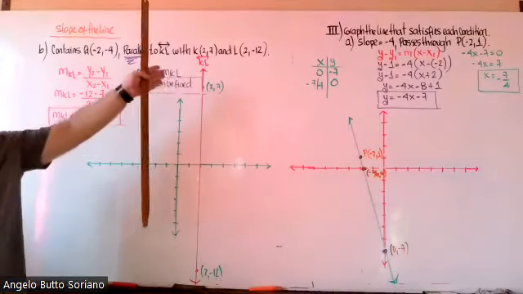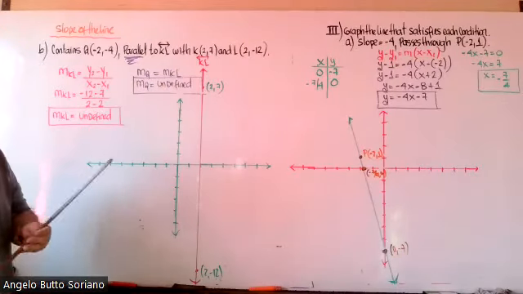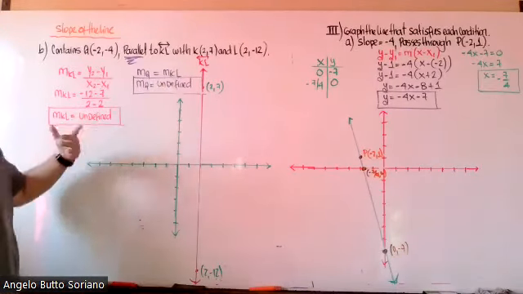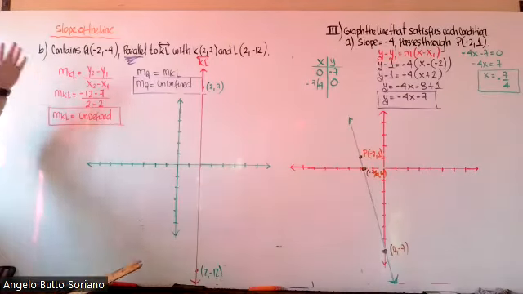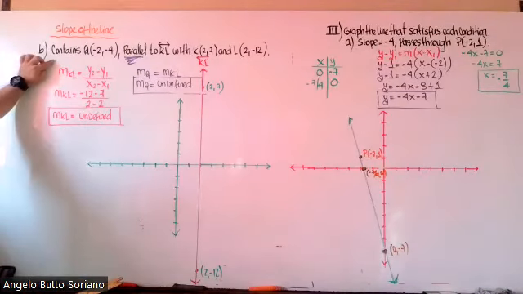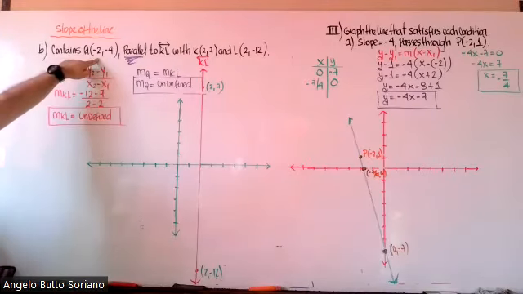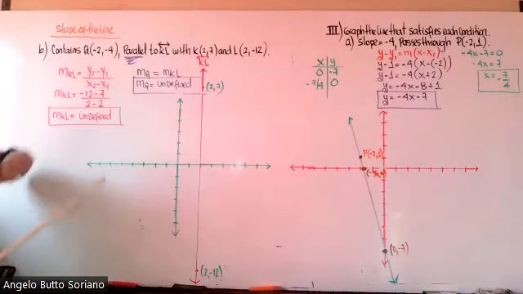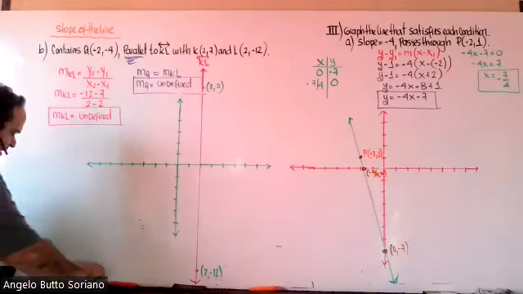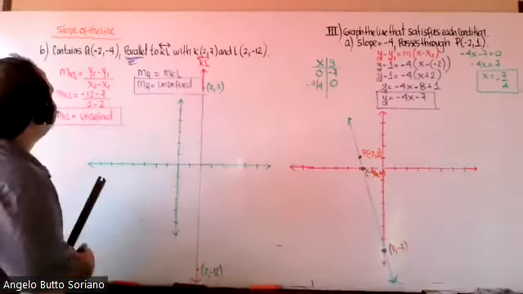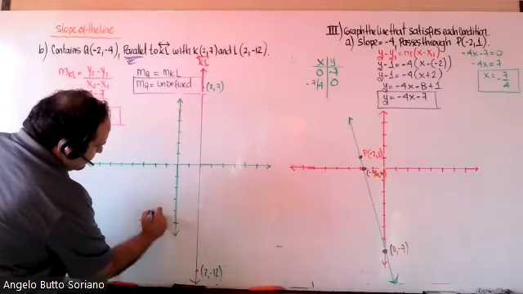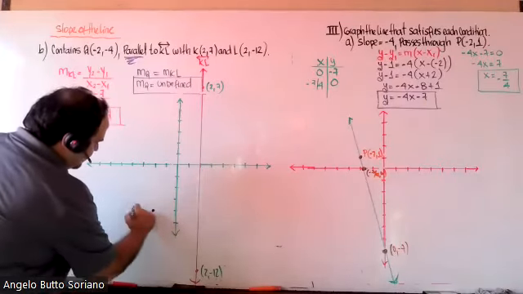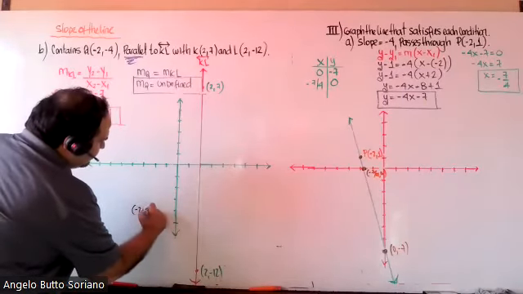This is going to be the vertical line. Remember what I said: every time we have an undefined slope, that means we're going to have a vertical line. So how are we going to graph this point? It's simple. The only thing I have to do is graph the point (-2, -4), which will be located over here. Negative 2, 1, 2, 3, 4. This is going to be the point Q, (-2, -4).